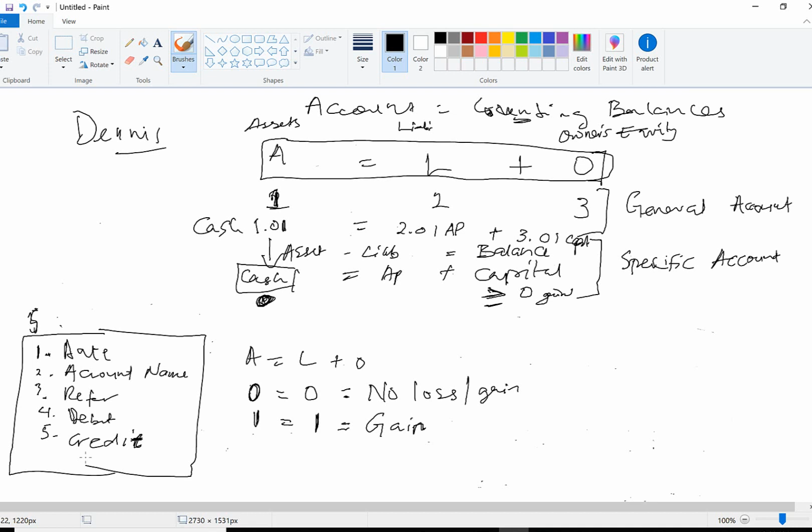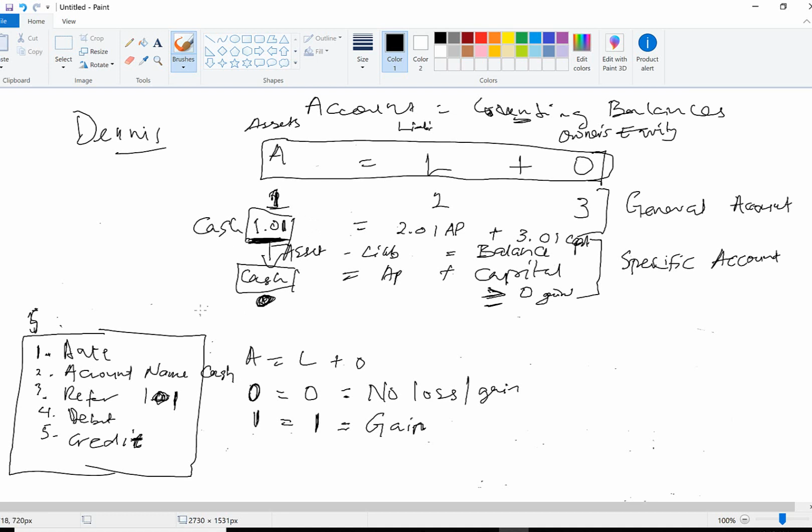So where is our account coming from? It's coming from asset, which must have a specific account number or account name. So we choose cash. So the reference number is 1.01 or 101. Right?